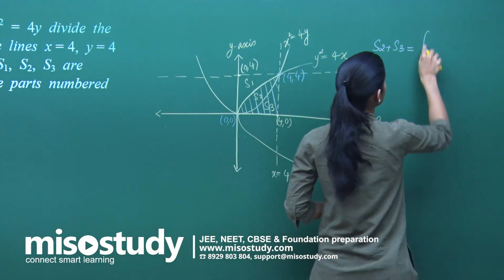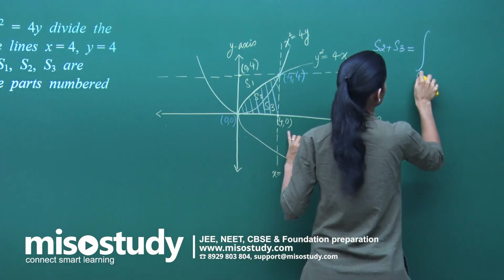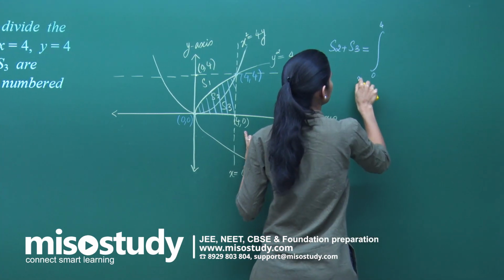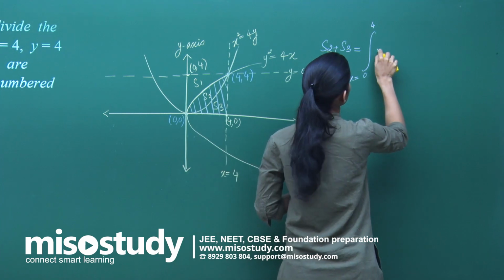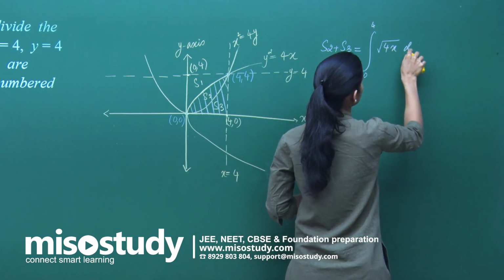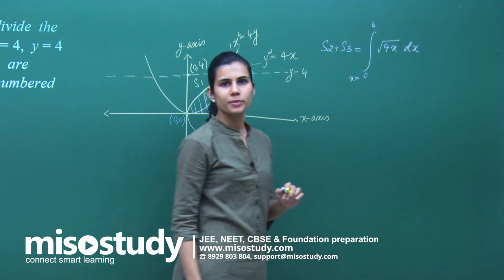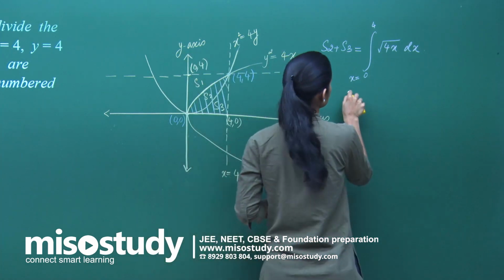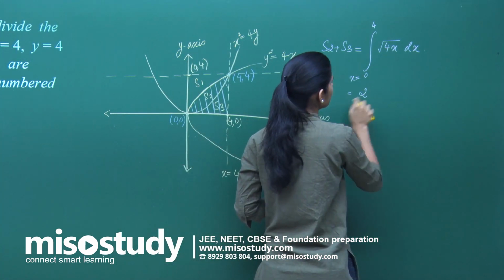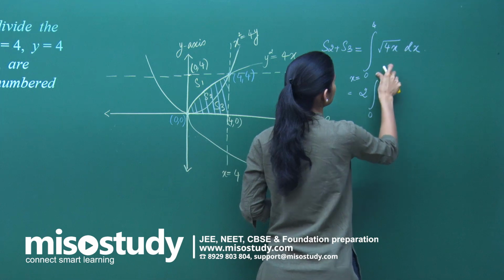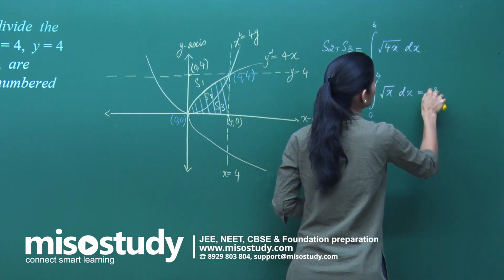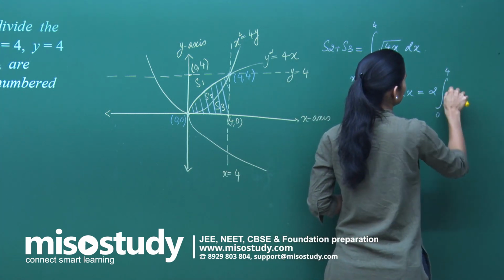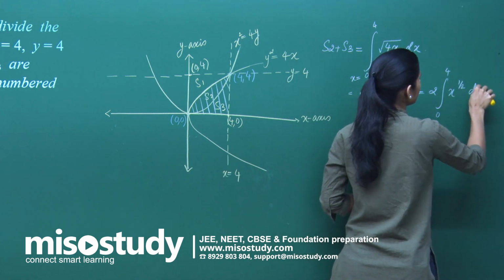So I have integration from 0 to 4, these are limits of x, y is equal to positive root over 4x. This is your S2 plus S3 area. What would this be? Positive square root of 4 is 2, it will come out of the integration sign. And this is root x dx, which is nothing but x to the power 1 by 2 dx.